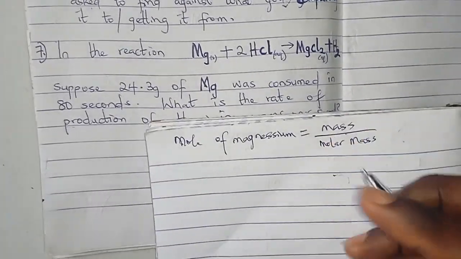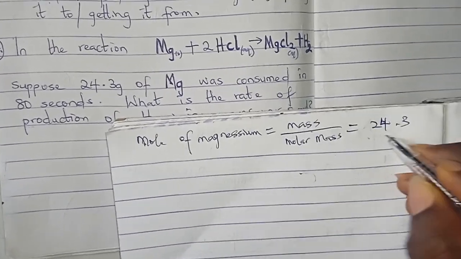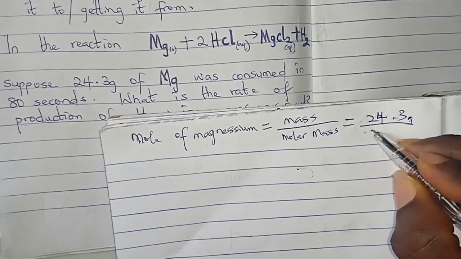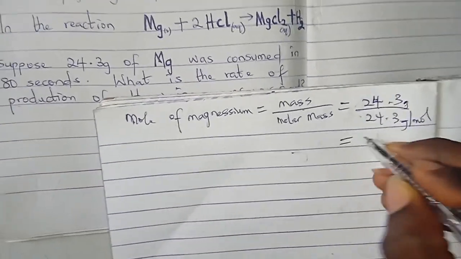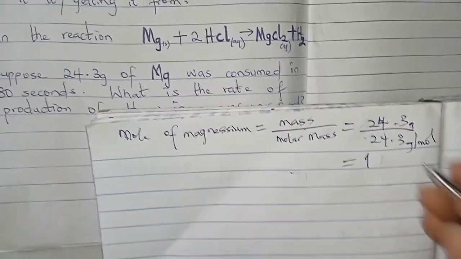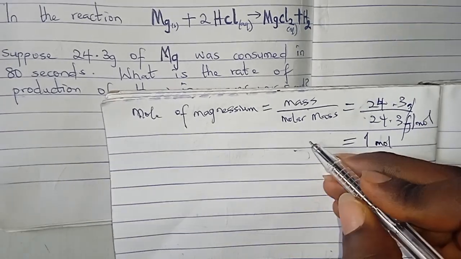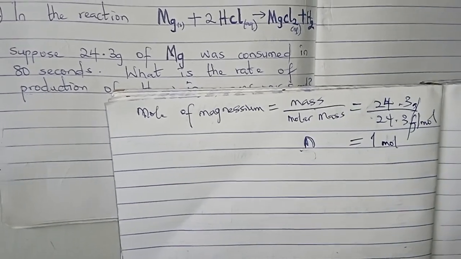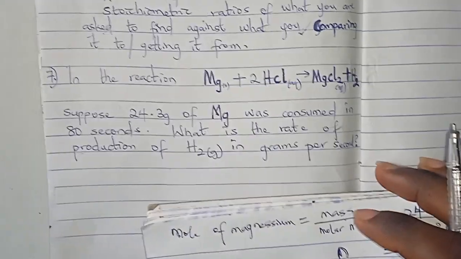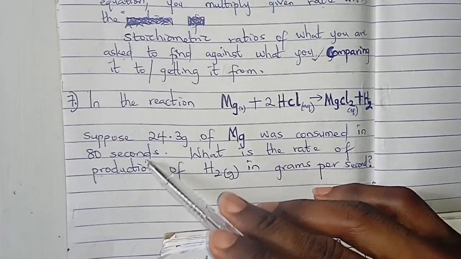So the mass given here is 24.3 gram all over 24.3 gram per mole. So this is going to give me 1 mole. So the mole here, N, is 1 mole. Okay, now they said that this was consumed in 80 seconds.